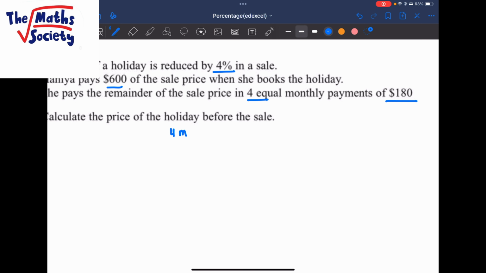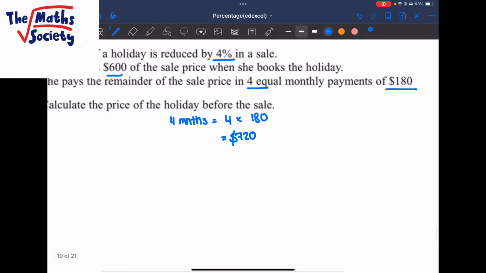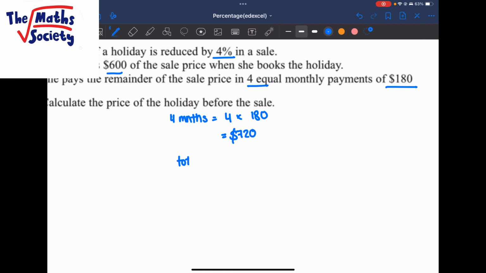So for 4 months, she would pay 4 multiplied by $180, which is $720. Then we add the $600 that she paid at first, which adds up to 1320, and that was reduced by 4%, so 96% was 1320.